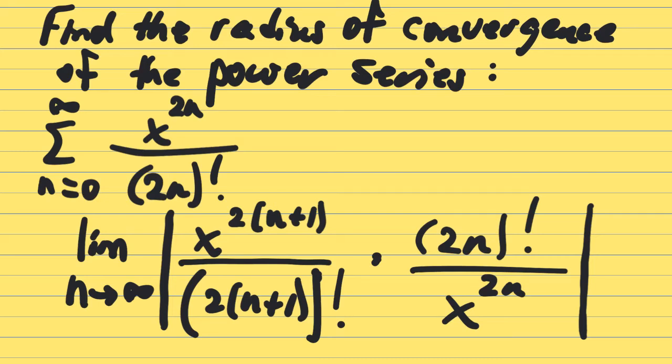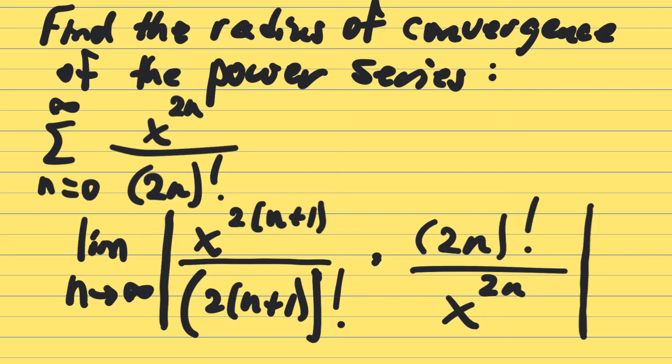So sometimes they do and sometimes they don't. I'm going to move to the next slide. On the next slide, what I'm going to do is distribute those 2's to the n plus 1. In that first fraction in the absolute value, I'm going to rewrite as x to the 2n plus 2. That'll be the upper left.